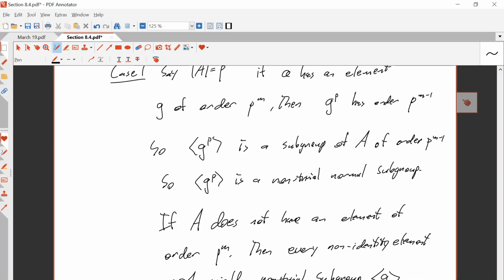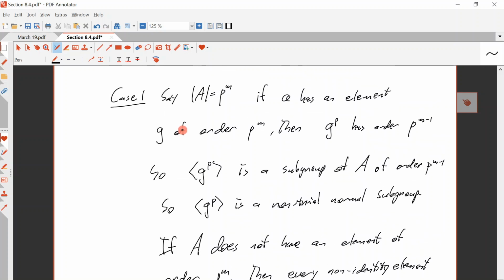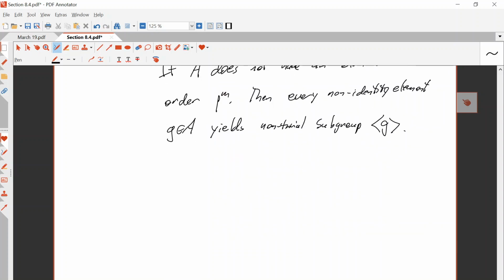Right, so it's not all. It doesn't generate all of A, so it's a non-trivial normal subgroup. So that's case 1.